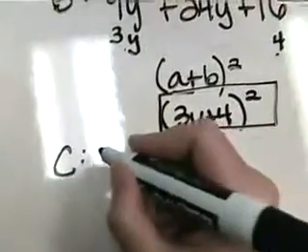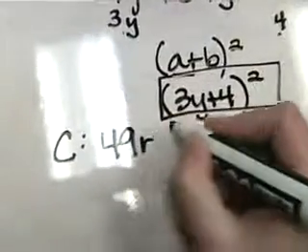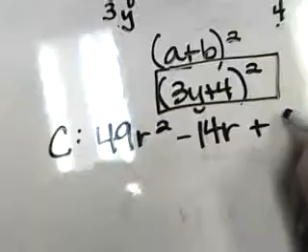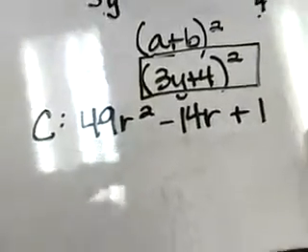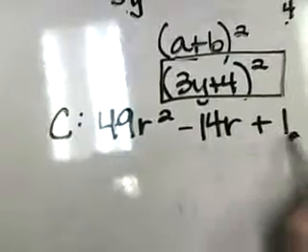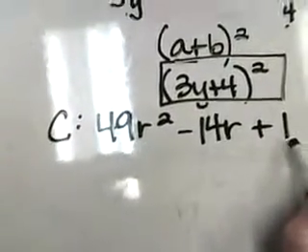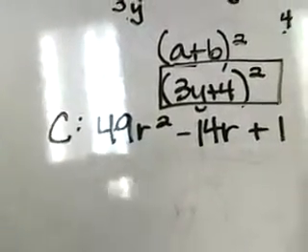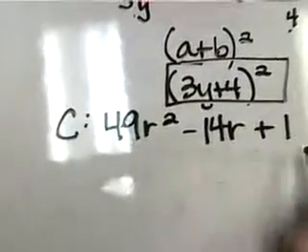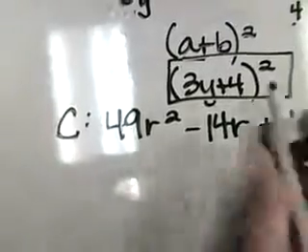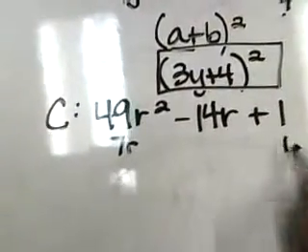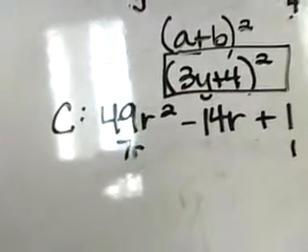C gives me 49r squared minus 14r plus 1. First question, can I take anything out? No, especially since you just have a 1 here. There's no number you're going to be able to take out, and they don't all have r's. So are the first and the third perfect squares? Yes, they are. The square root of this would be 7r, and the square root of 1 is 1. Now read the rest of that bubble.